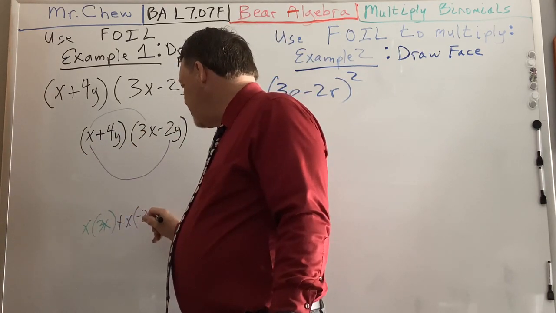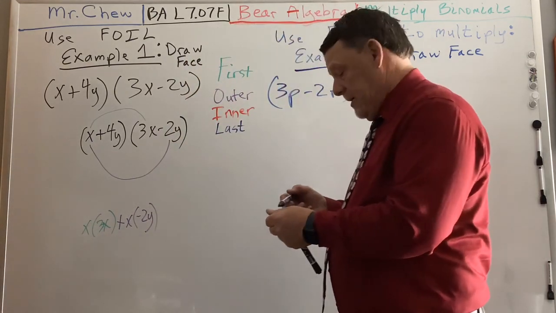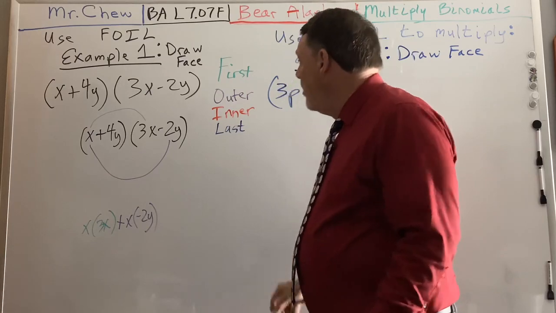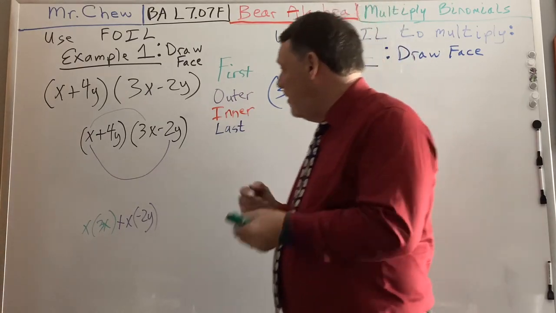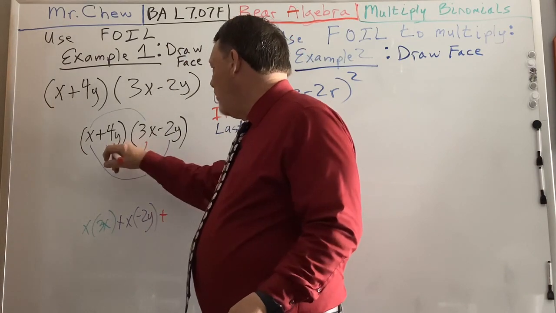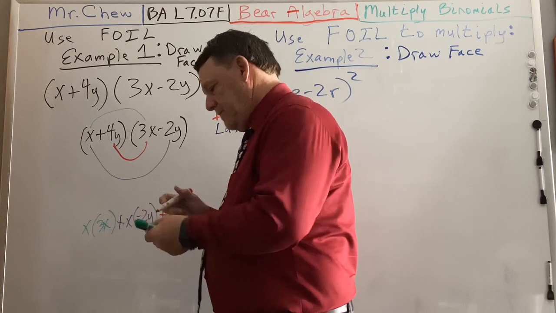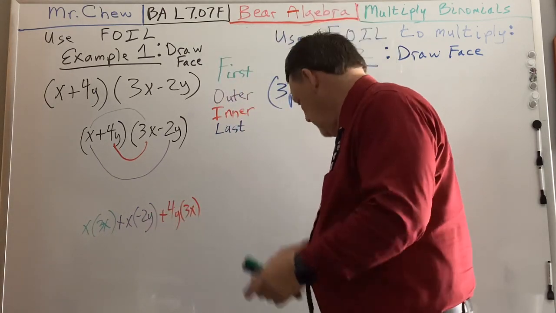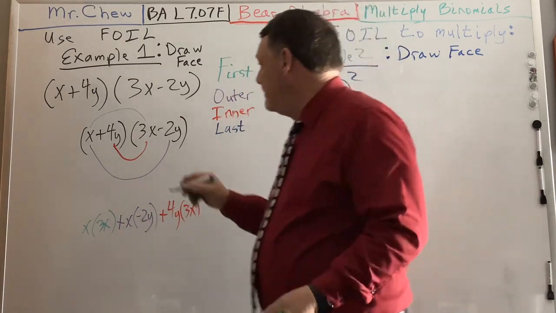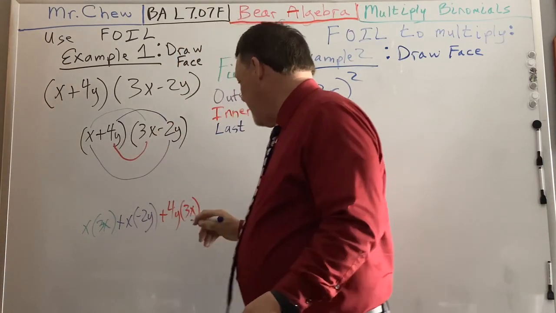And you have to make sure that is a negative 2y because it's minus 2y. Now, I do my inner, which is 4y times 3x. And now I do my last, which is 4y times minus 2y.